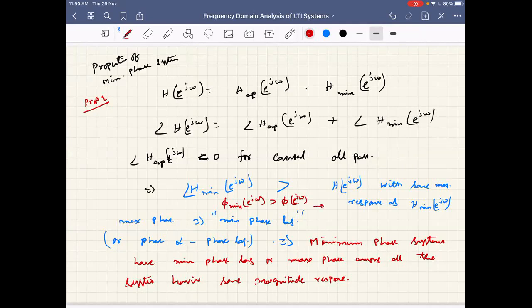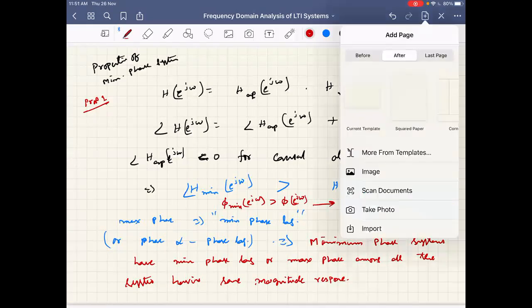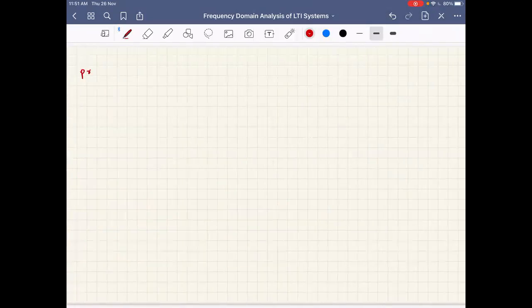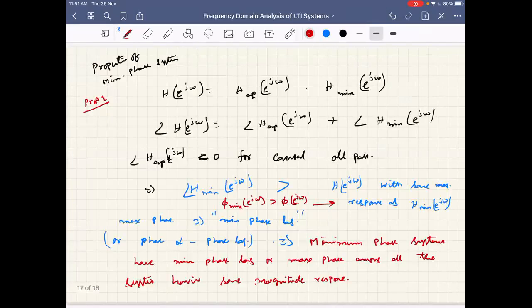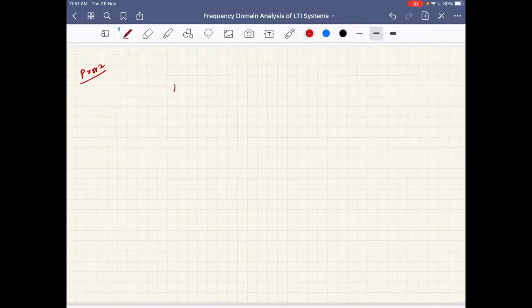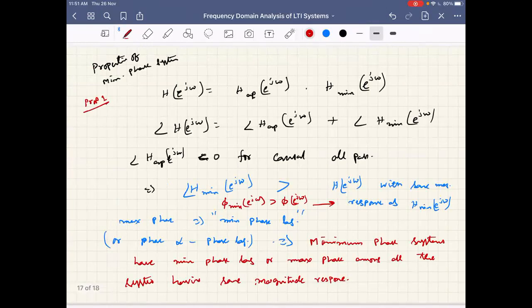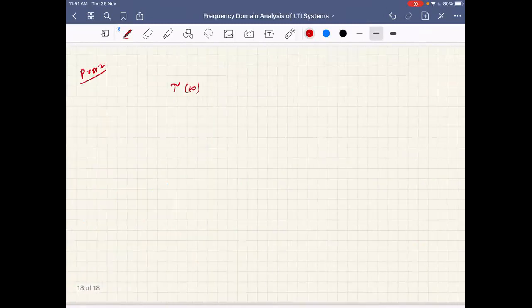Right. So now let us see in terms of group delay. This is property 2. As we know, the group delay is τ(ω) equal to minus dφ(ω)/dω.